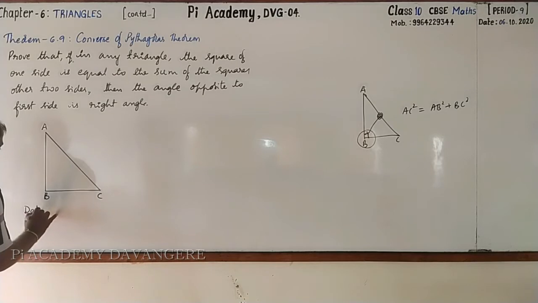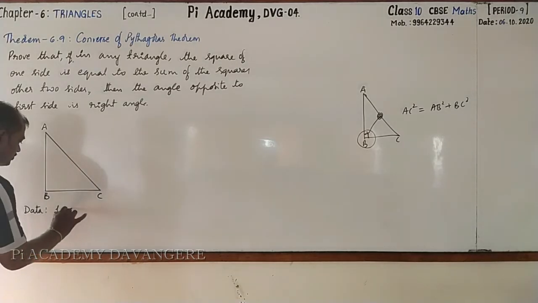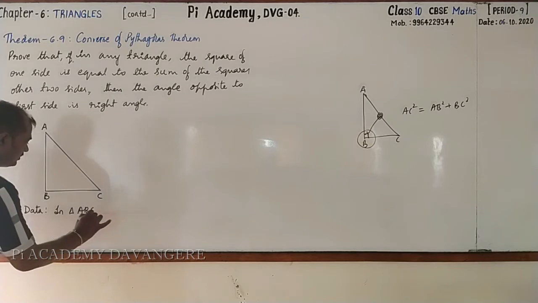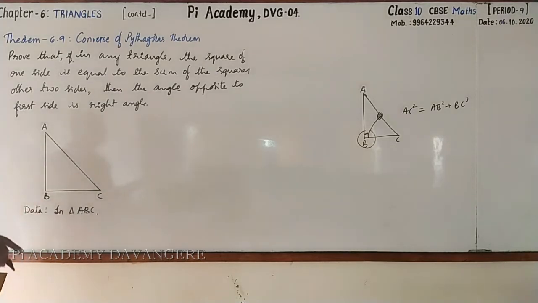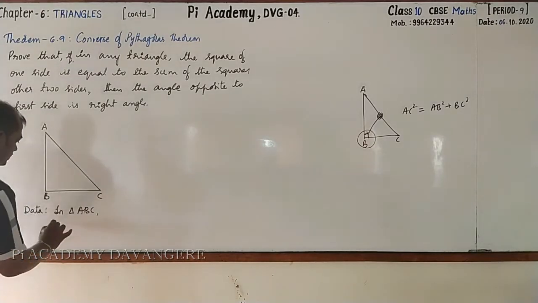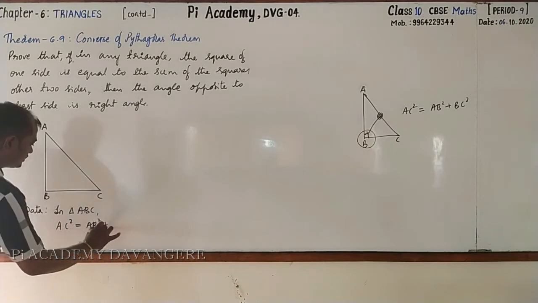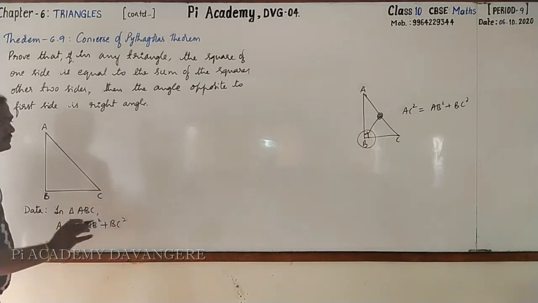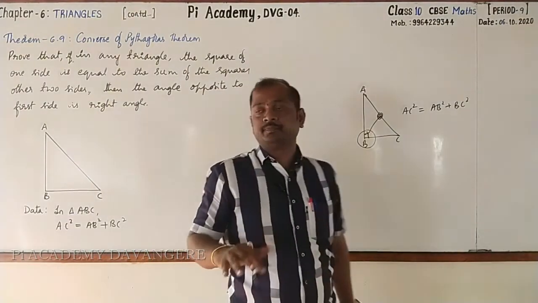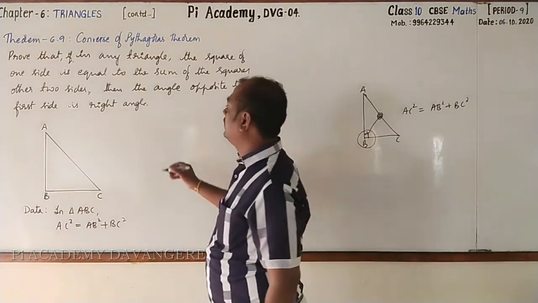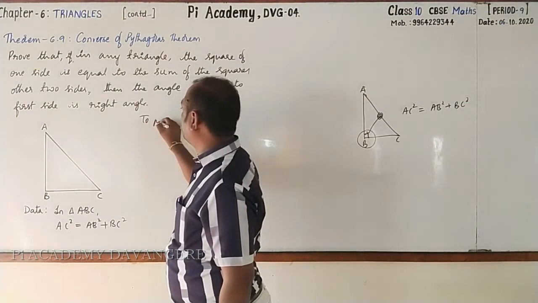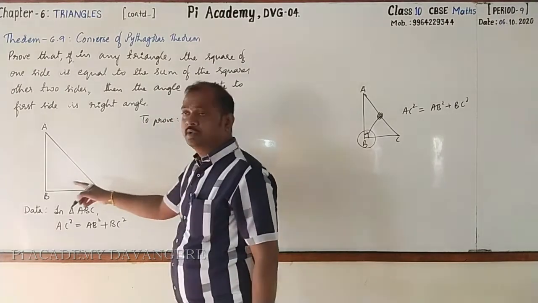Write the data with me. In triangle ABC, they are given square of one side is equal to the sum of squares of other 2 sides. Square of one side, that is AC square, is equal to AB square plus BC square. Next, what we are going to prove?